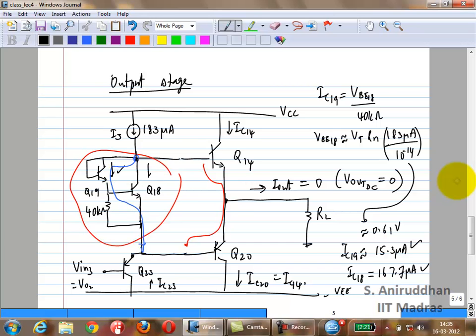What about 14? Let's compare 14, because it's an NPN. Do you expect that to be the same, larger, smaller? IS14 will be larger. Why is that?